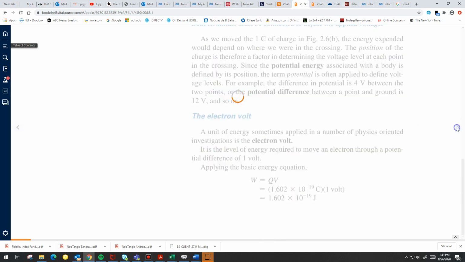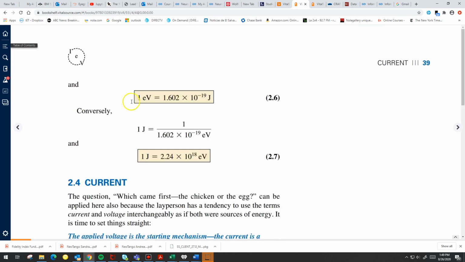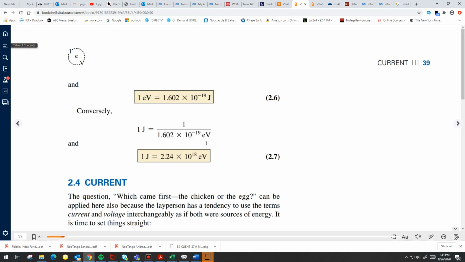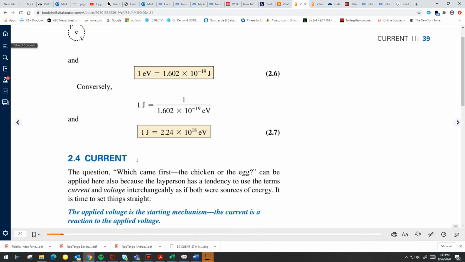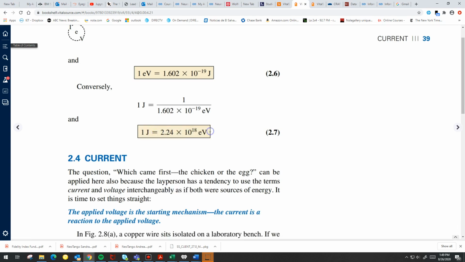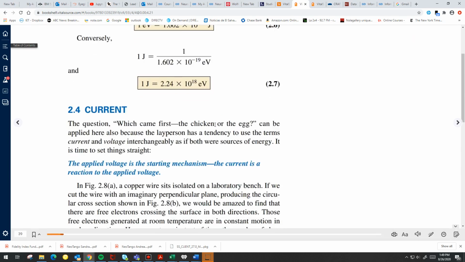So it's just another way of representing energy. In other words, 1 electron volt is equivalent to this number of joules. Okay, that's all there is to it. Or 1 joule is the equivalent of this number of electron volts. So take electron volt as another way of using units for energy. Okay.